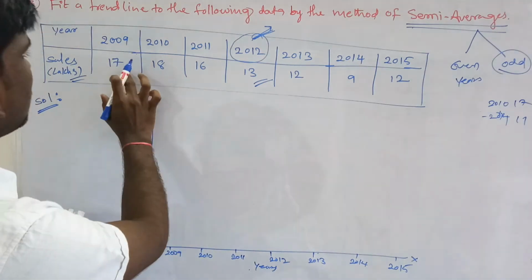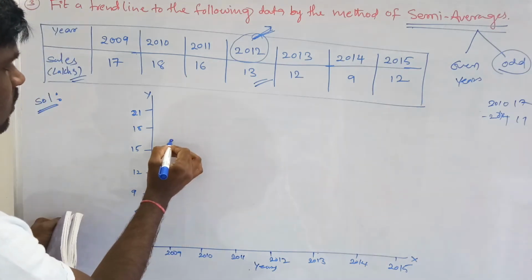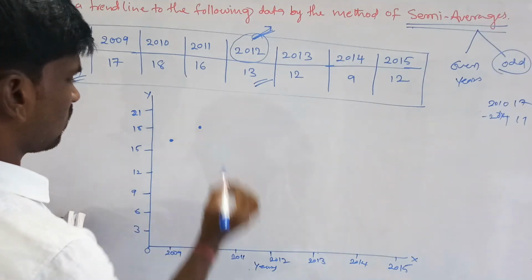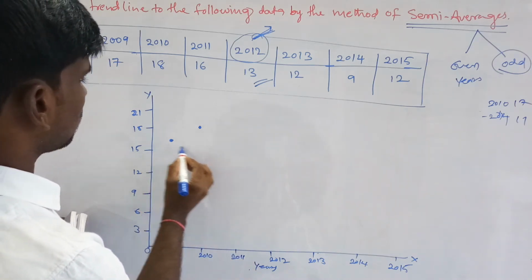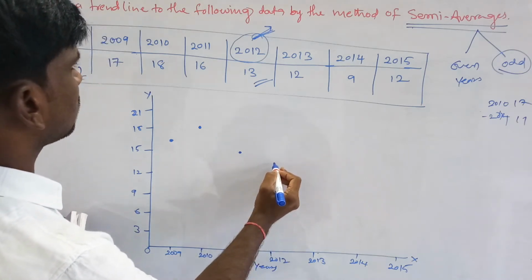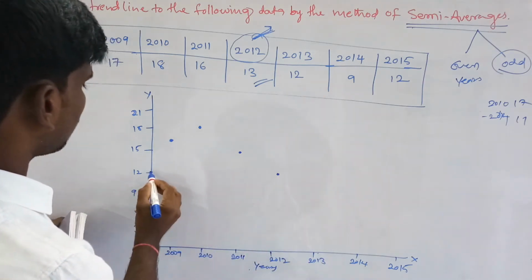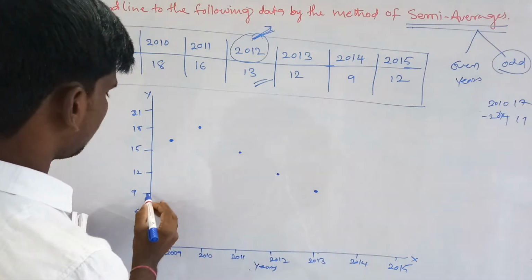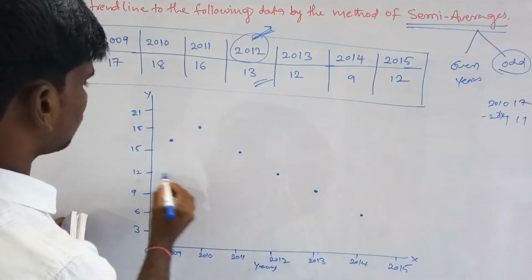Right. Here the 2009 data is 17, so it comes approximately here. And 2010 is 18. 2011 is 16. 2012 is 13. 2013 is 12. 2014 is 9. 2015 is 12.